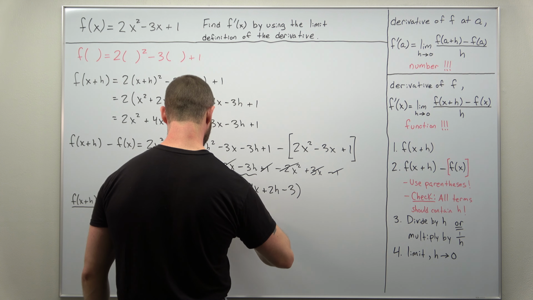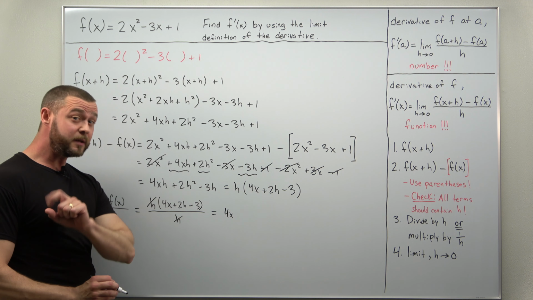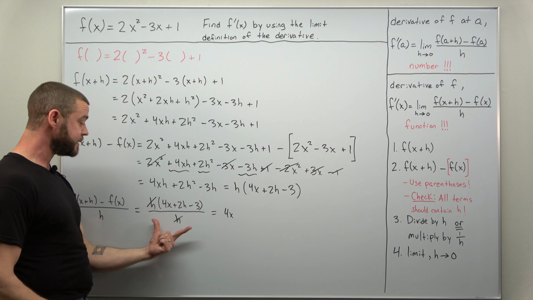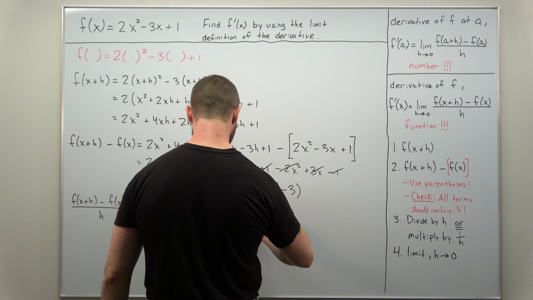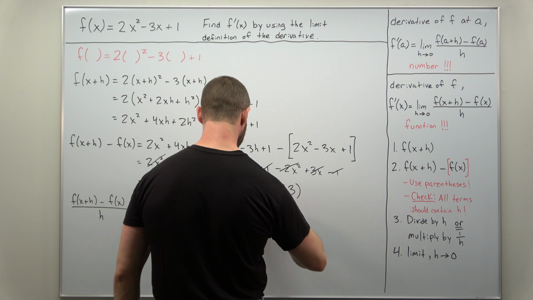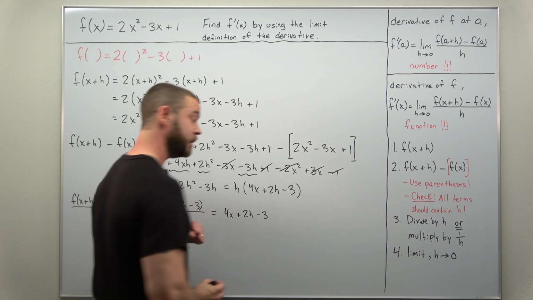And what we get here, for not our limit yet, but the end result of step 3, is 4x plus 2h minus 3.